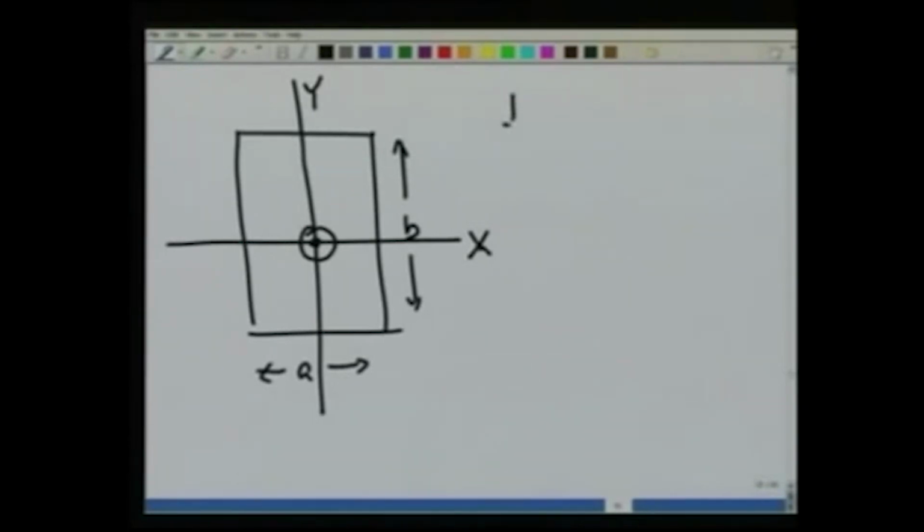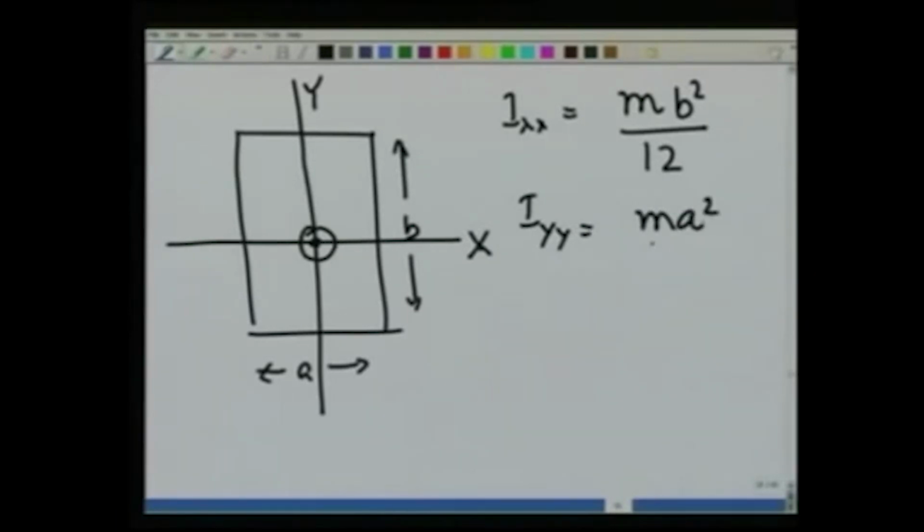So, I x x is going to be, if the mass is m, m b square over 12, I y y is going to be m a square over 12, and I z z is going to be, by the perpendicular axis theorem, I x x plus I y y.